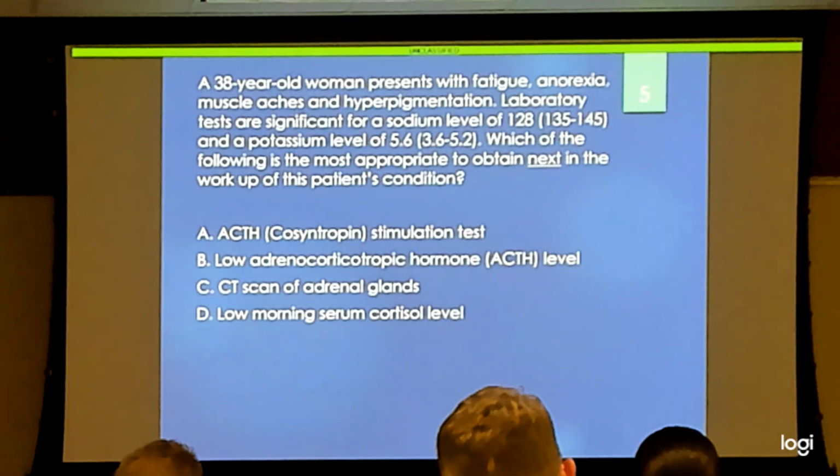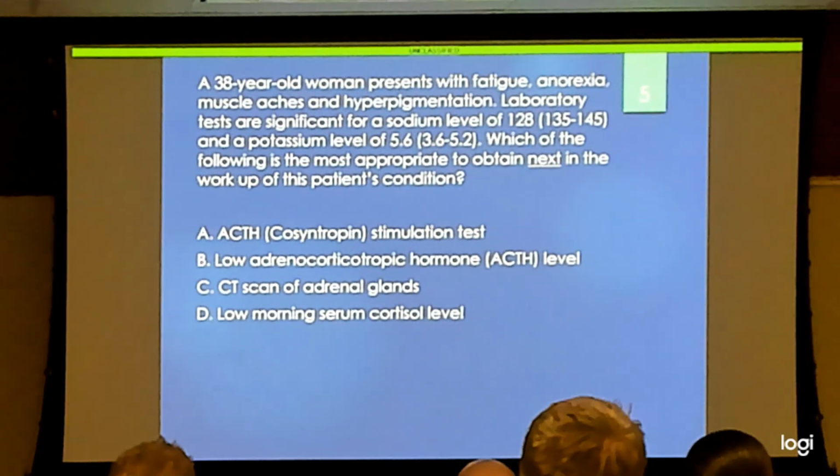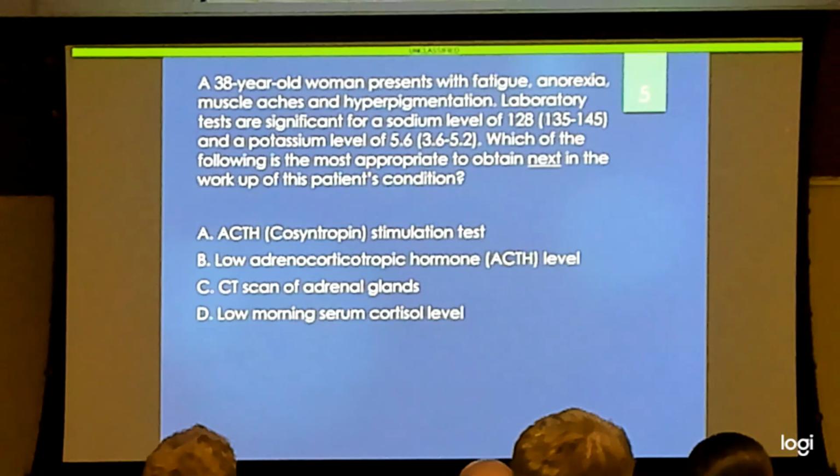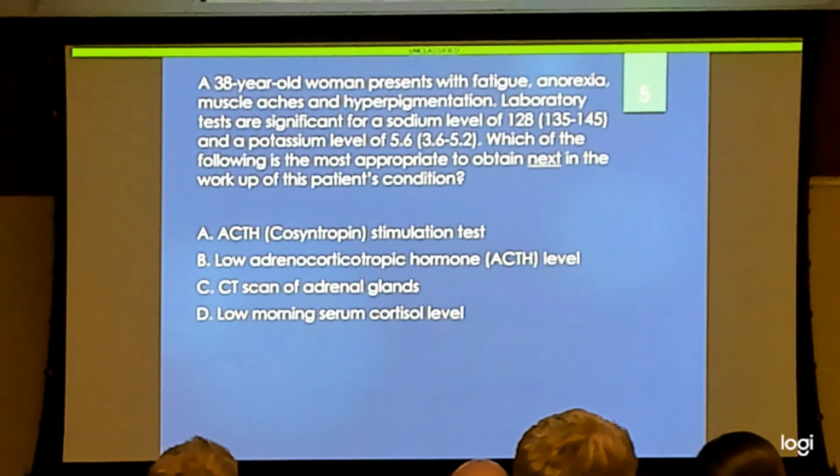All right. 30-year-old woman presents with fatigue, anorexia, muscle aches, and hyperpigmentation. Laboratory test is significant for a sodium level of 128, which is low, and potassium level of 5.6, which is elevated. Which of the following is most appropriate to obtain next in the workup of this patient's condition?